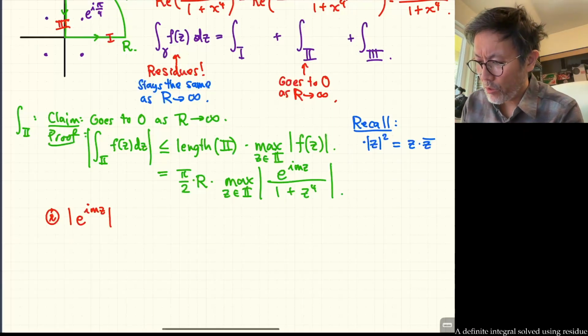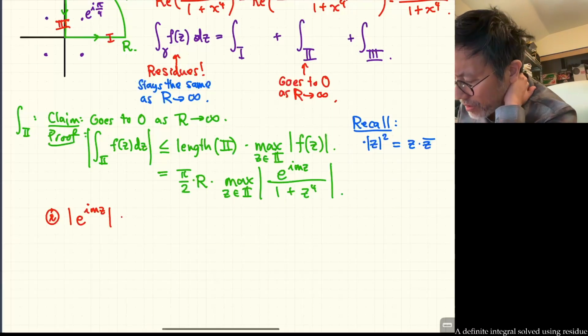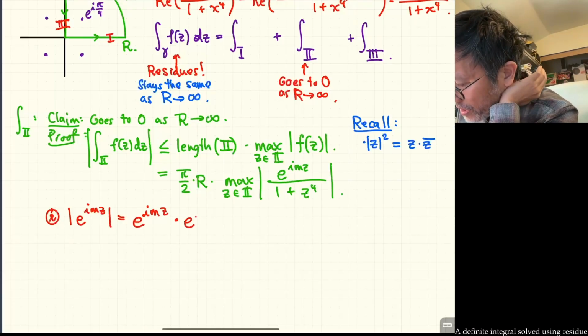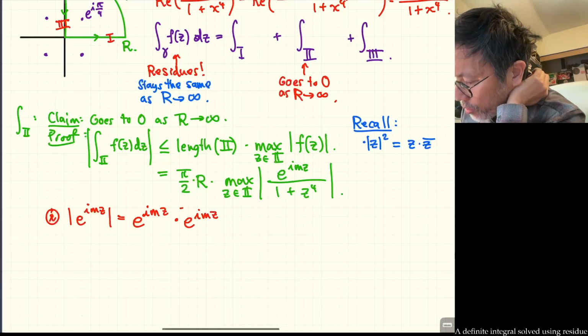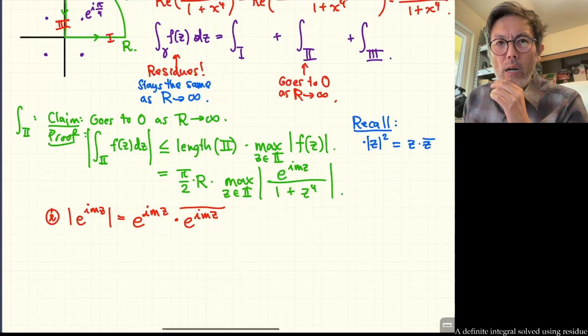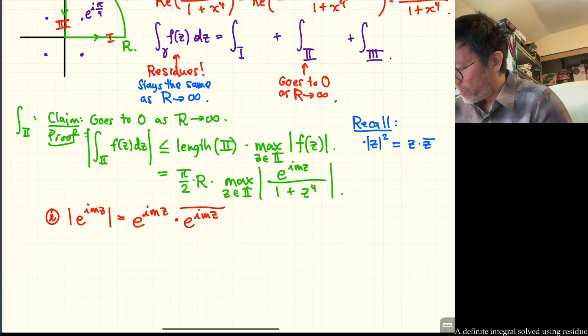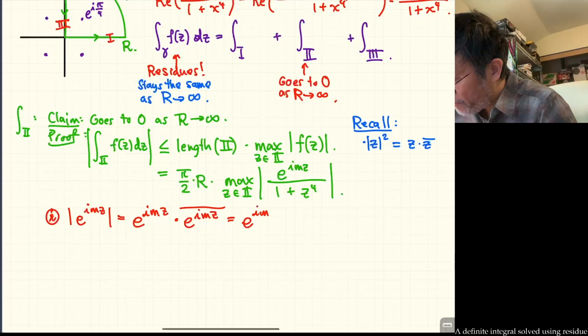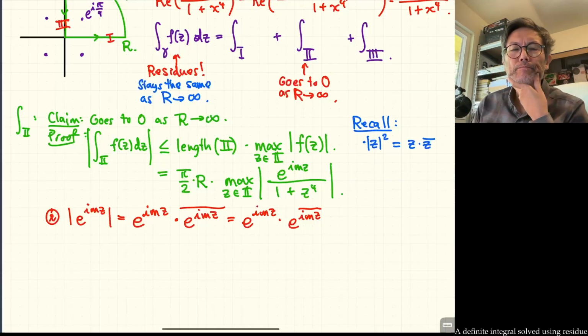Okay, so to compute this is equal to e to the imz times e to the imz with a big old bar over it. Now, this is equal to e to the imz times the e to the imz with the bar just over the imz bit.